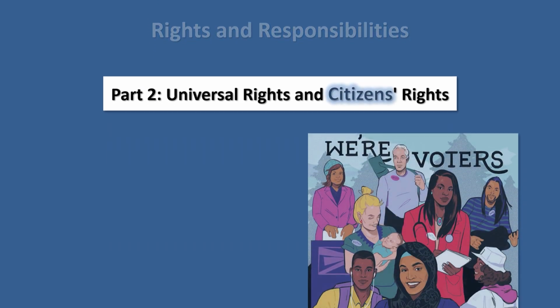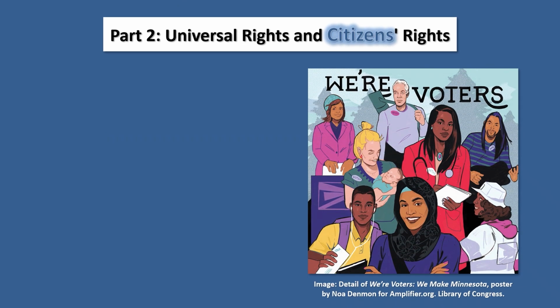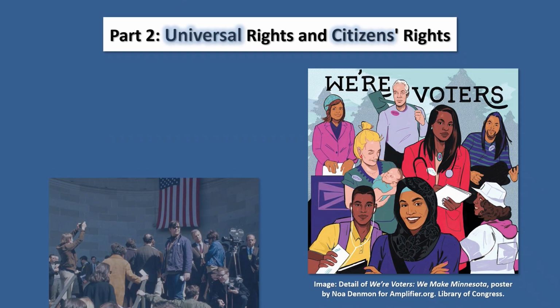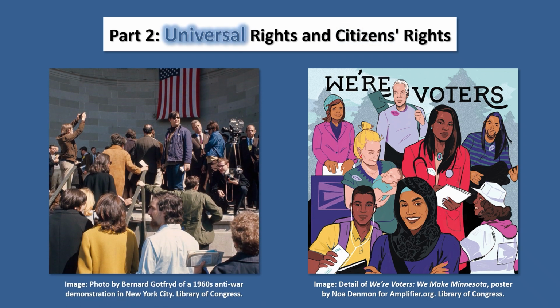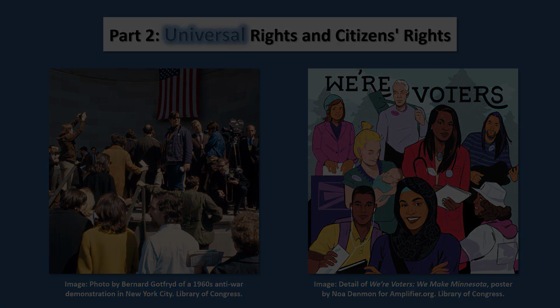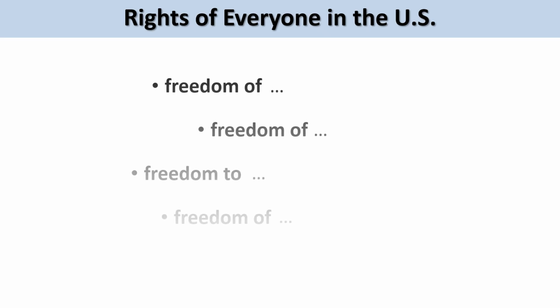Some rights, such as voting for president, are only for citizens, but everyone living in the United States, citizen or not, has certain basic rights or freedoms that are protected by the Constitution. 4 of these freedoms are listed in the First Amendment to the Constitution at the start of the Bill of Rights.